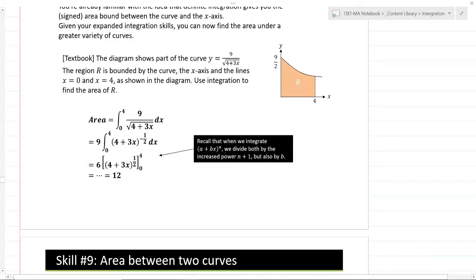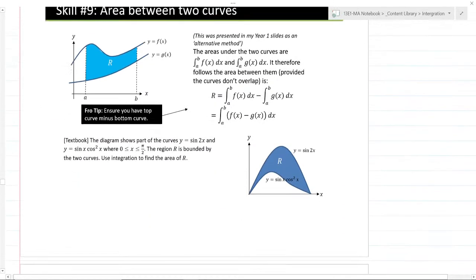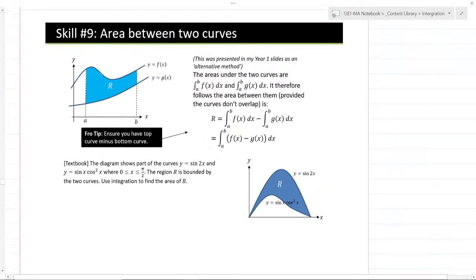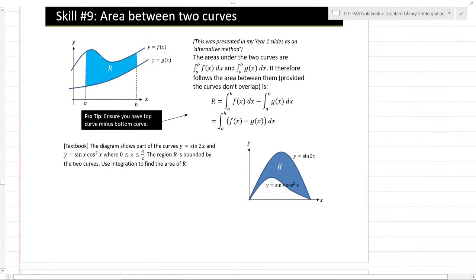Okay. All right. So the area between two curves. We've already had a look at this at AS level, and it's all about the fact that we are taking away two areas.